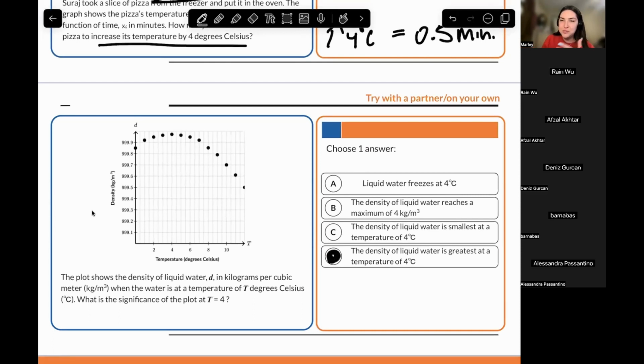So the answer choices themselves aren't too difficult with this problem. A lot of the times when they're asking you to look at a graph, with t equals 4 they're referring to the maximum. So looking at ones that are talking about a maximum makes the most sense. Some people will accidentally choose B, but those are the incorrect units. That's not the correct units for what we're looking at. We're looking at 4 degrees Celsius.